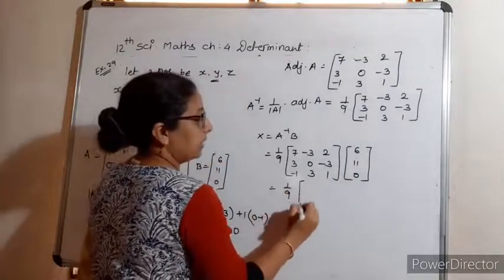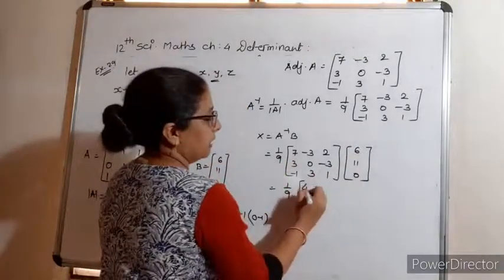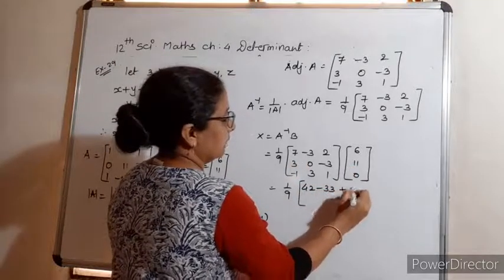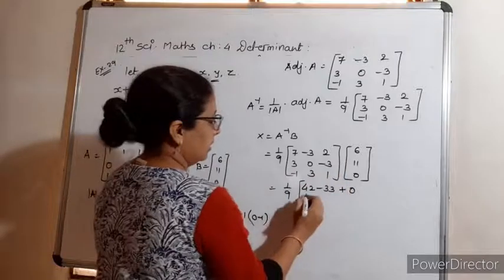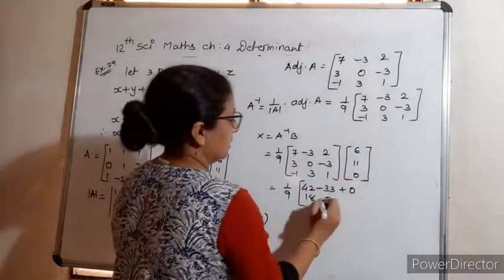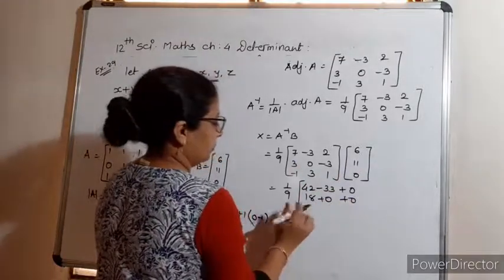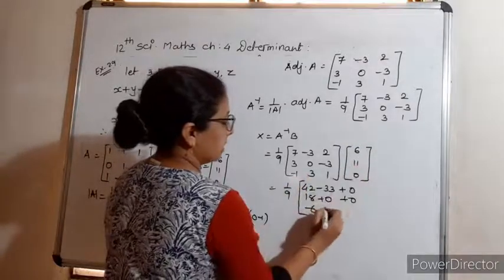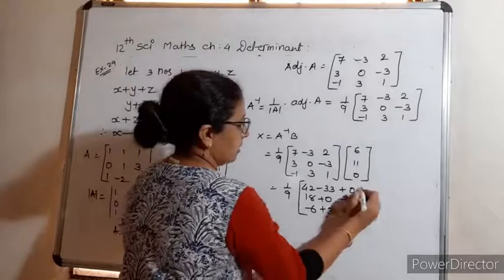1 upon 9, 42 minus 33 plus 0, 18, 0, 0, minus 6 plus 33, 0.